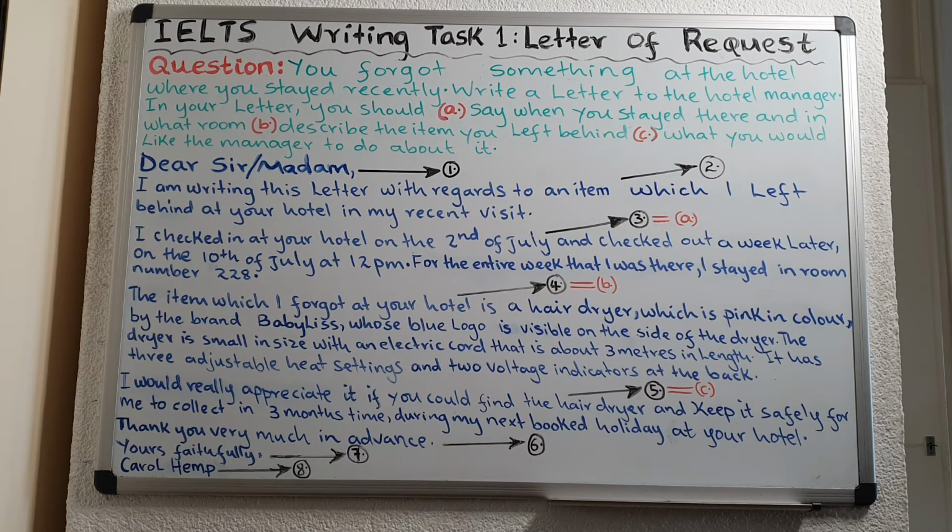Entire means whole week, because I was there for a week from the 2nd to the 10th. And then you can tick the first key point, to show that you have already provided information about that.